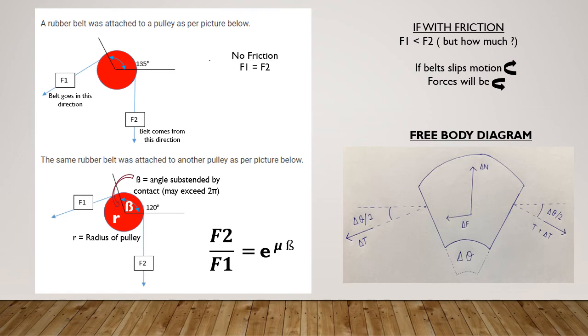If you take just one little bit of belt and draw the free body diagram of that, I have some tension over there and a little more tension over there, meaning the left side and right side have a tension.